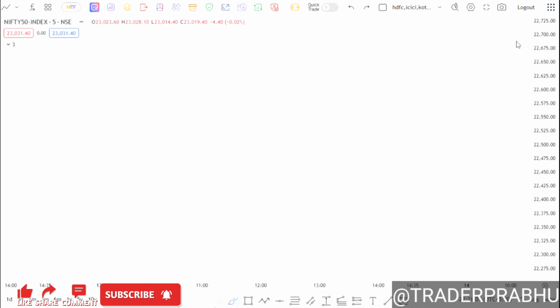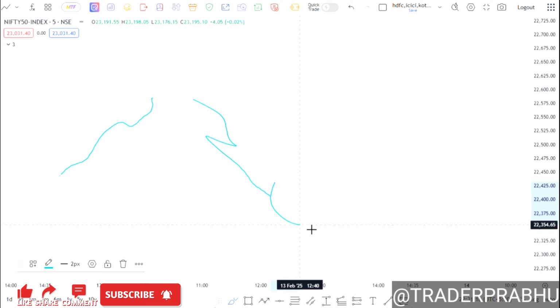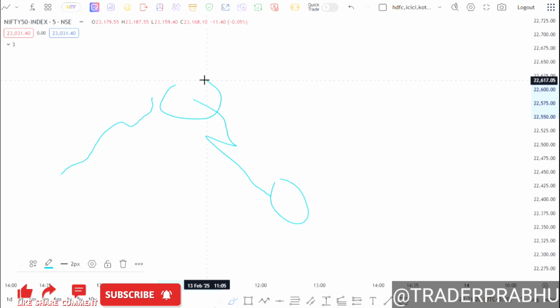When you travel, the road is never straight, right? Sometimes you go uphill and sometimes you go downhill, and sometimes you stop at a checkpoint before continuing. This is exactly how the market moves.